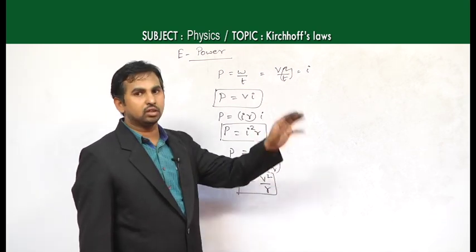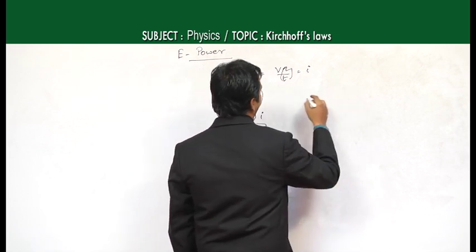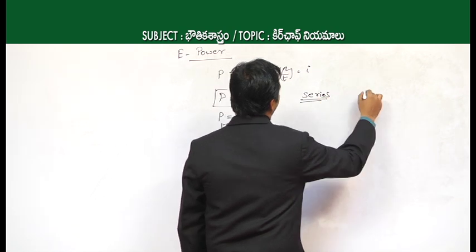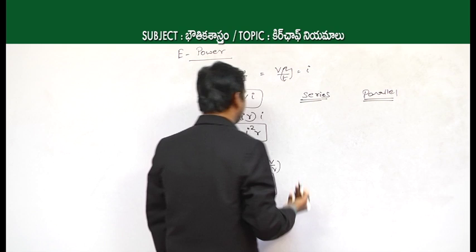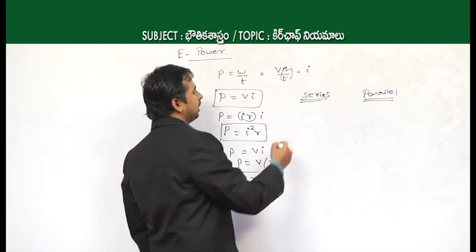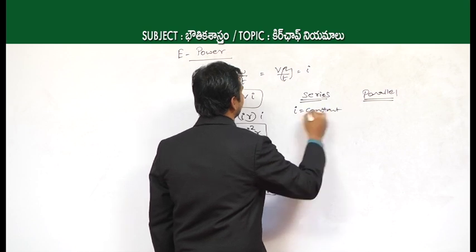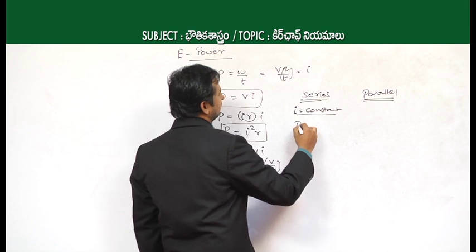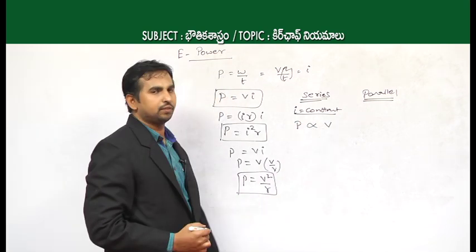Like that, depending on the given conditions, for example, in case of series, I remains constant, I is equal to constant. Then as I is constant, the power delivered is directly proportional to the voltage in case of series.